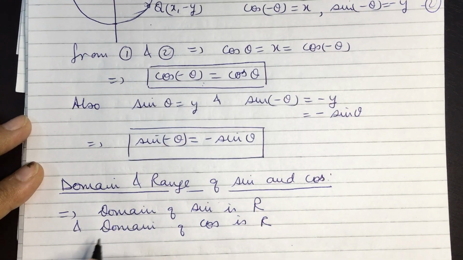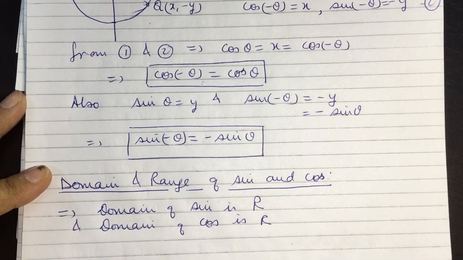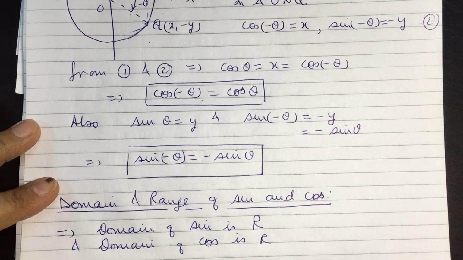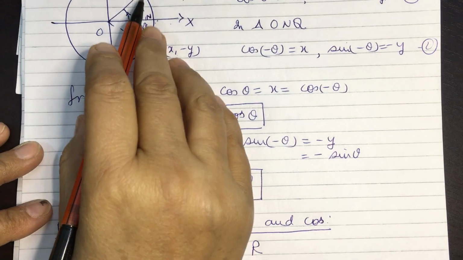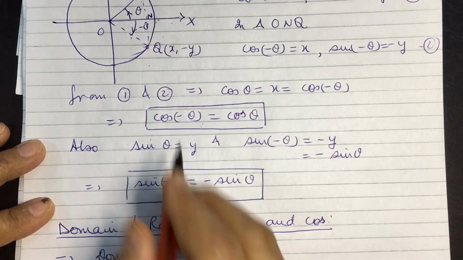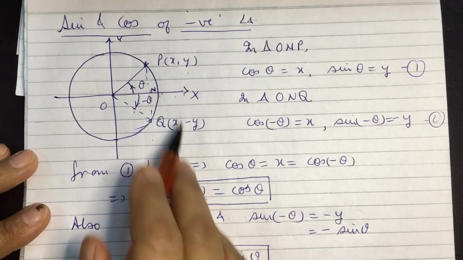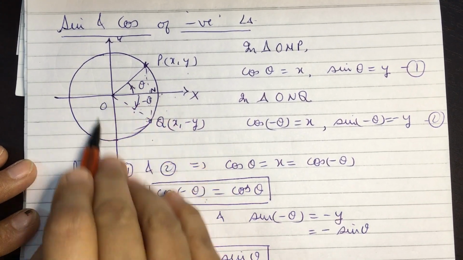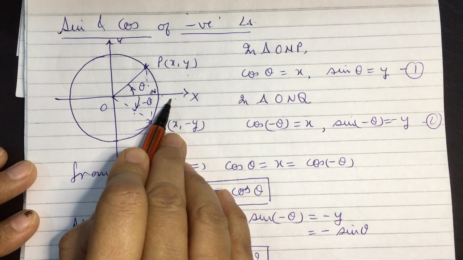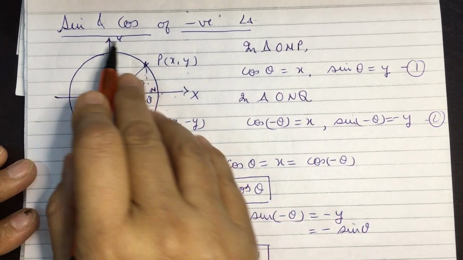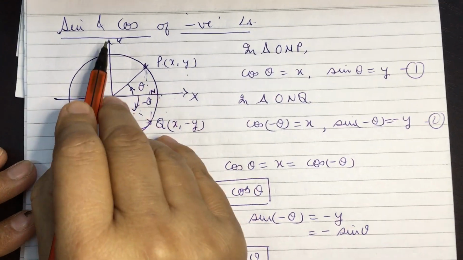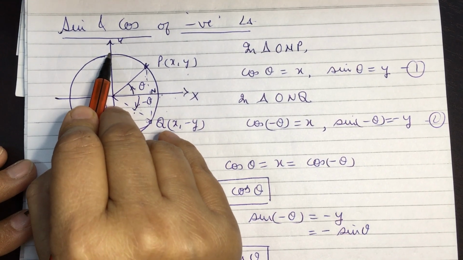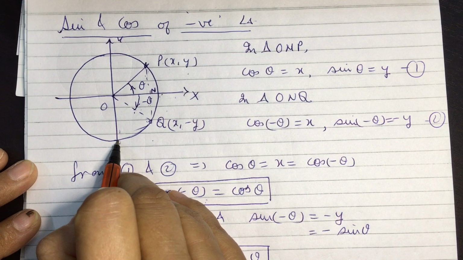Now what about the range? Range is the value taken up by sine theta and cos theta. So we know that sine theta is equal to the y coordinate, and here in a unit circle the y coordinate always lies between -1 and +1, because the maximum it can go is +1 and the least it can take is -1.